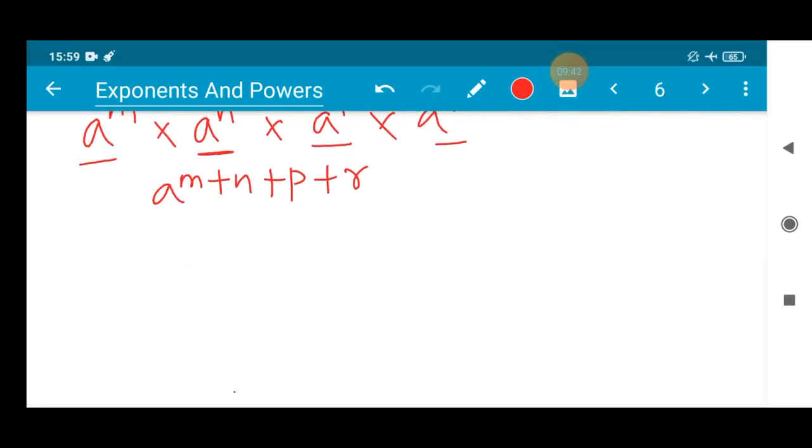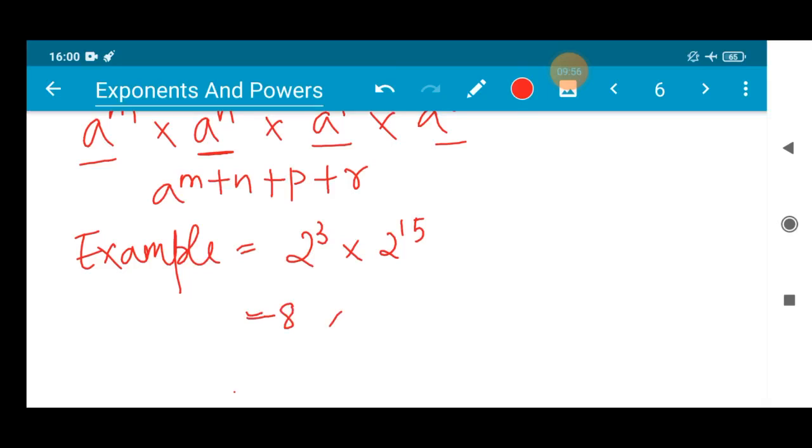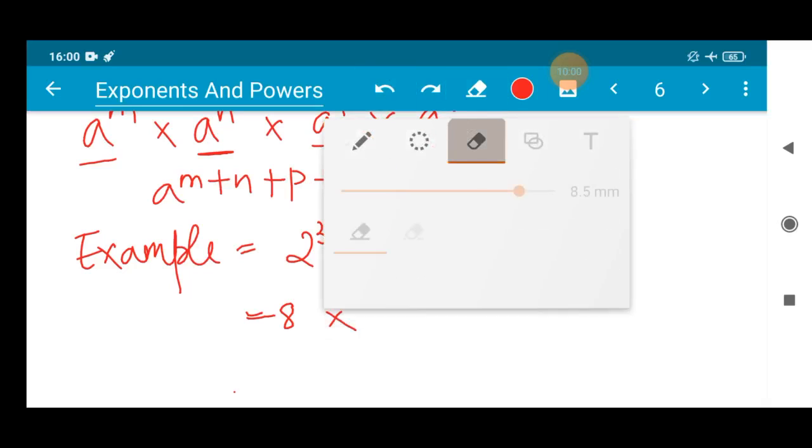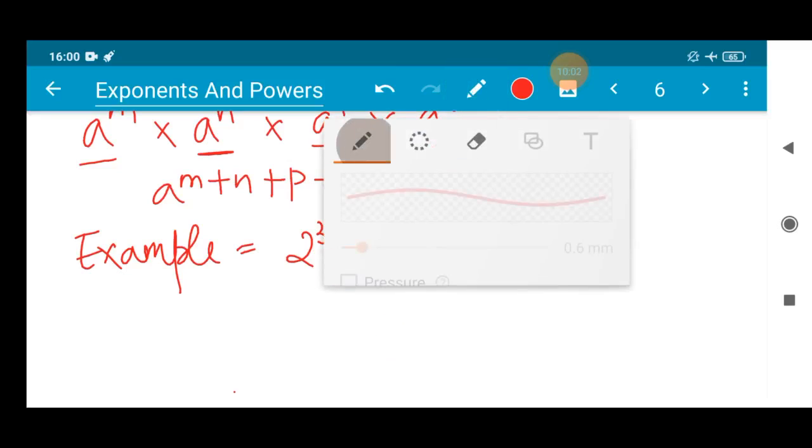So let me show you one example here. Suppose you are multiplying 2 to the power 3 and 2 to the power 15. In such a case we are not able to multiply directly and get the value. 2 cube, it's okay, we can get 8, but what about 2 to the power 15? You have to go for a long calculation. So in such cases, we will be using the exponential rule.